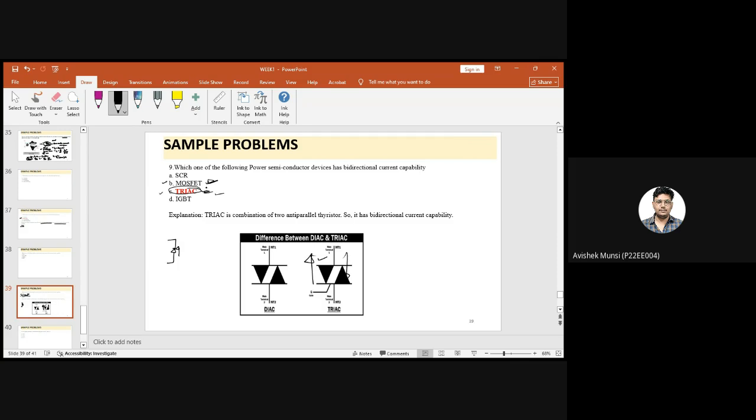While MOSFETs are often used as a bidirectional switch, they are not inherently bidirectional in nature. Their channel behaves bidirectionally due to the body diode behavior of the MOSFET, so that's why it will act as a bidirectional switch, but it is not inherently bidirectional. Okay, fine.